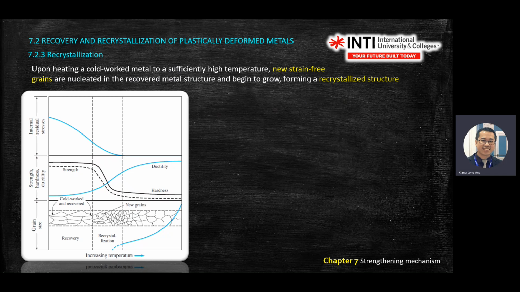Recovered, you need to mention recovered. Why? Because recrystallization is past the recovery phase. So you need to use the keyword recovered metal structure when you explain recrystallization, or you can explain that it must pass the recovery phase.